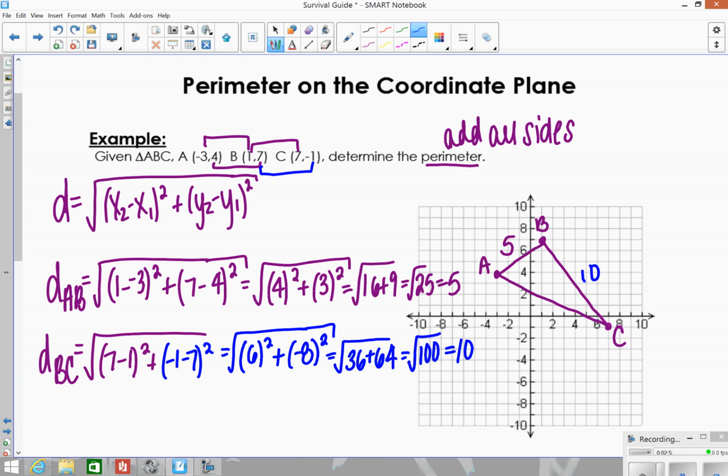Then the last side here is going to be side AC. So side AC, we're going to subtract 7 minus negative 3 squared. And then we're going to subtract the y's, negative 1 minus 4.